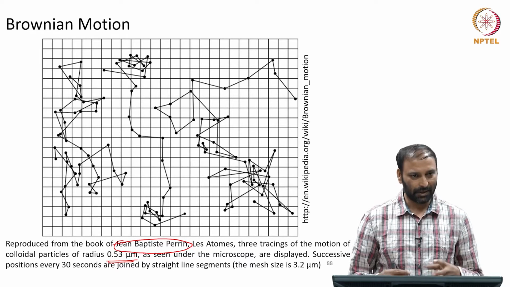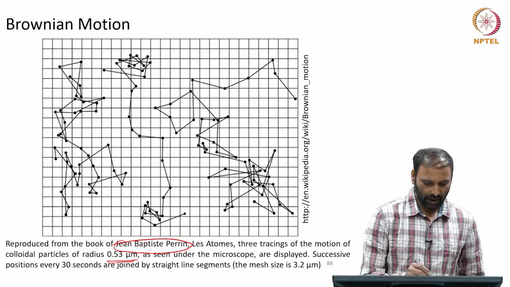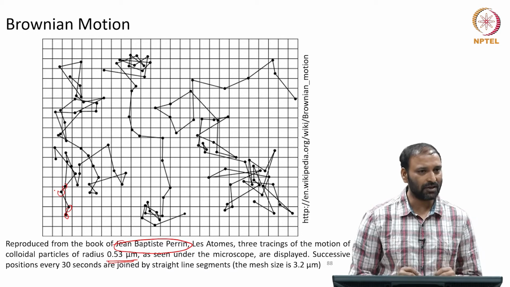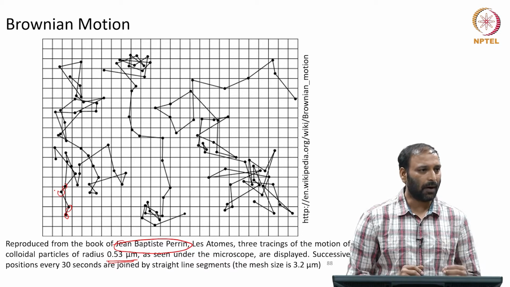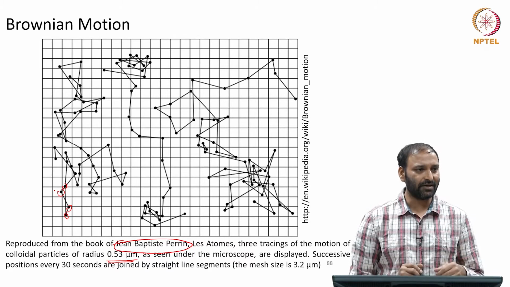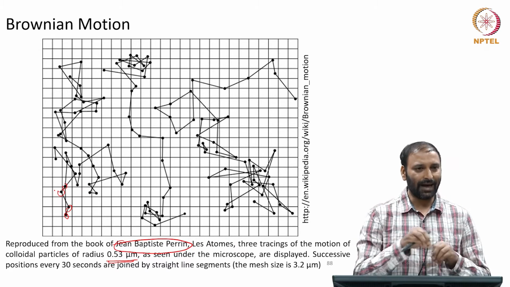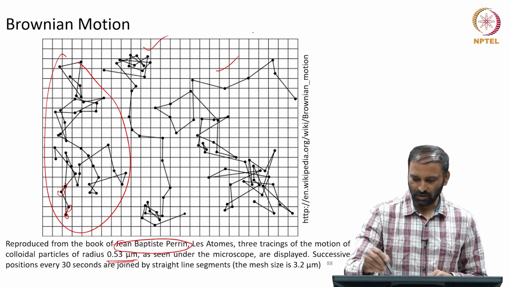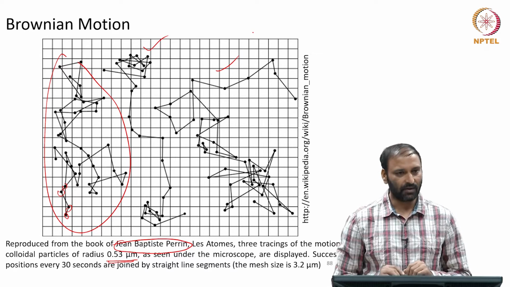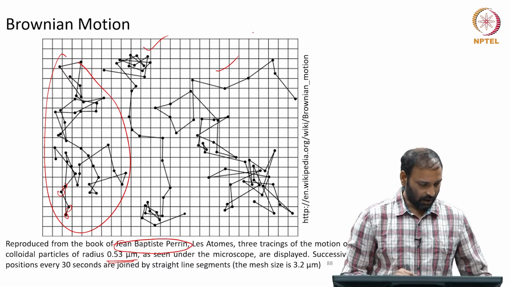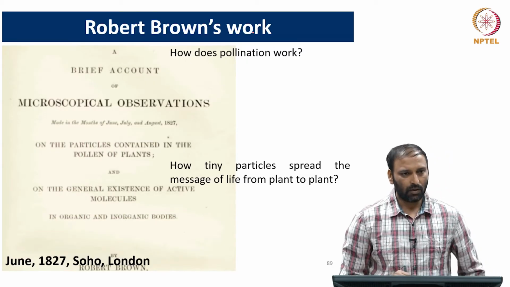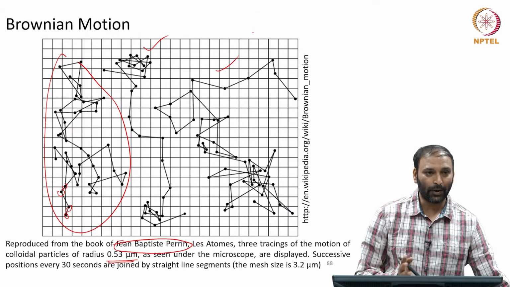He observed them under a microscope. Every point that you see, every dot, is the position of a particle at some time instant, and a later time instant where it has moved. So he was able to track these particles, and he has trajectories of 1, 2, 3 particles. That's what you see here. Now, of course, this is in the 1920s, I said.